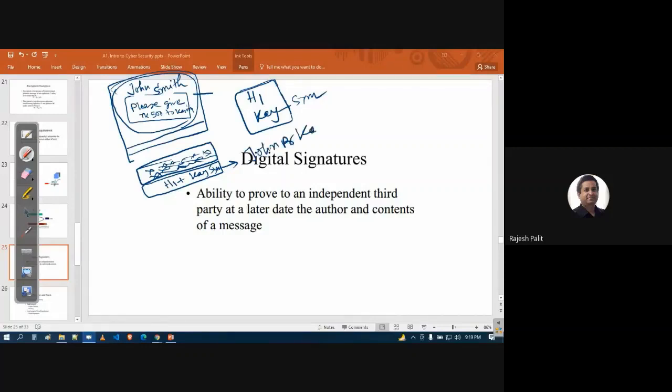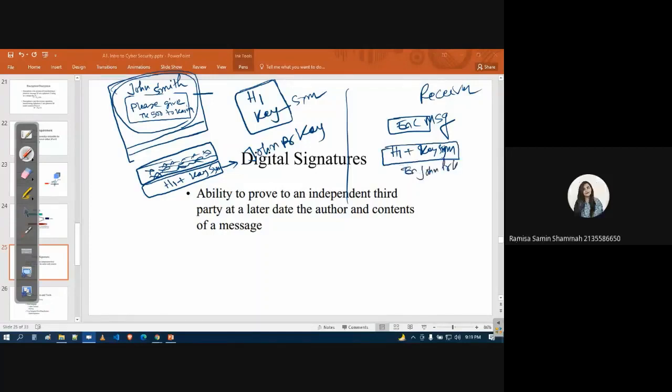Now the receiver will receive the encrypted message, and H1 plus the symmetric key. It is also encrypted by John's private key, right?